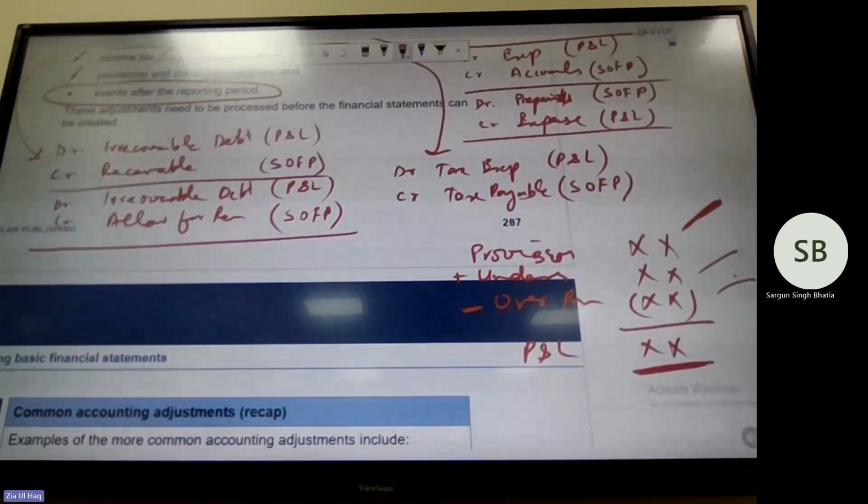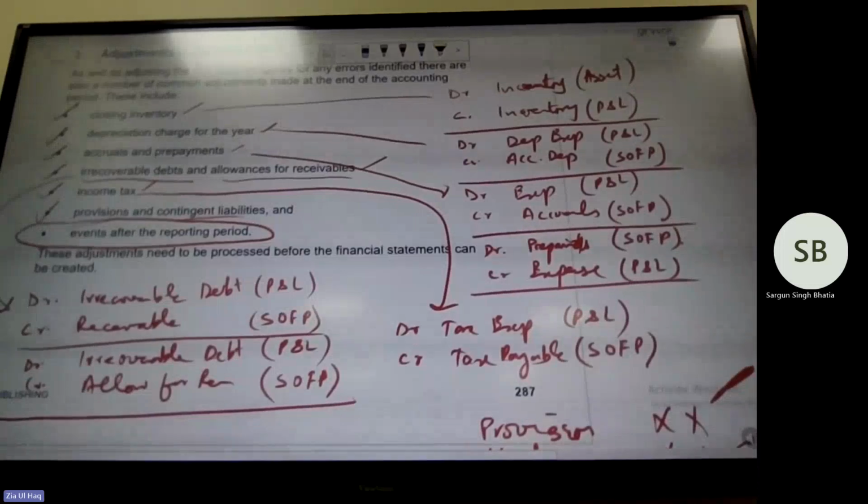Meaning if the previous year provision was 100,000 but we paid 110,000, that provision was an under provision, so we need to add that extra 10,000 to the current year tax. We have discussed these things already. And what is the accounting entry for provisions and contingent liabilities? For a provision: debit expense, credit provision liability. For a contingent liability, there is no accounting entry; we need to disclose it.